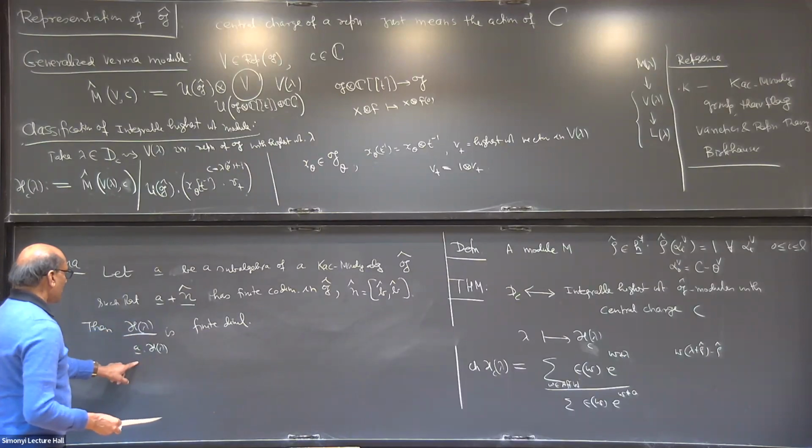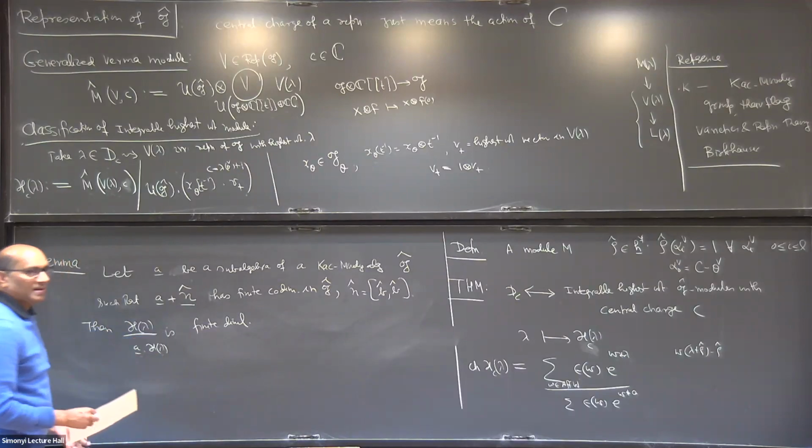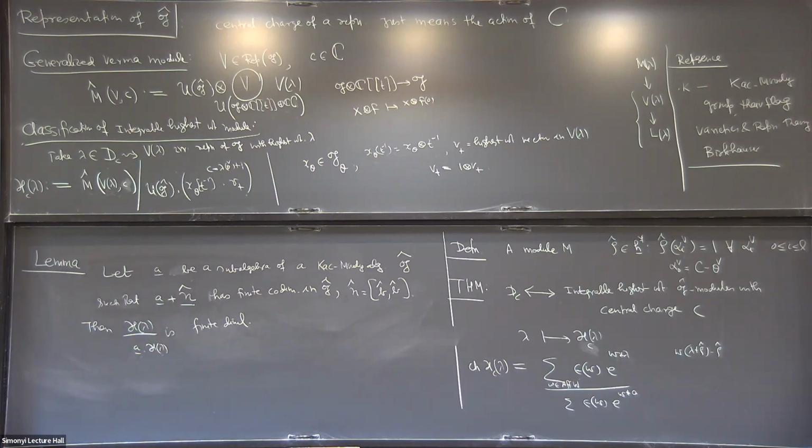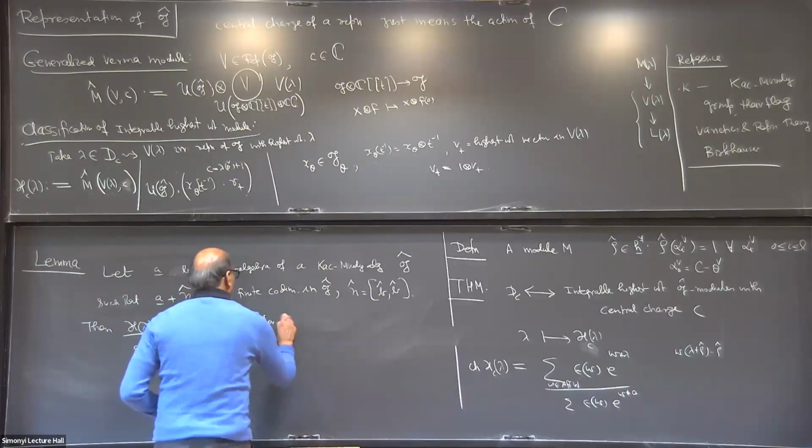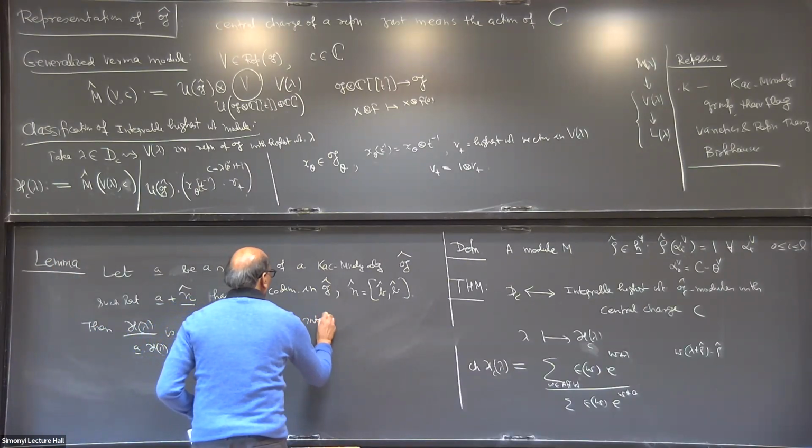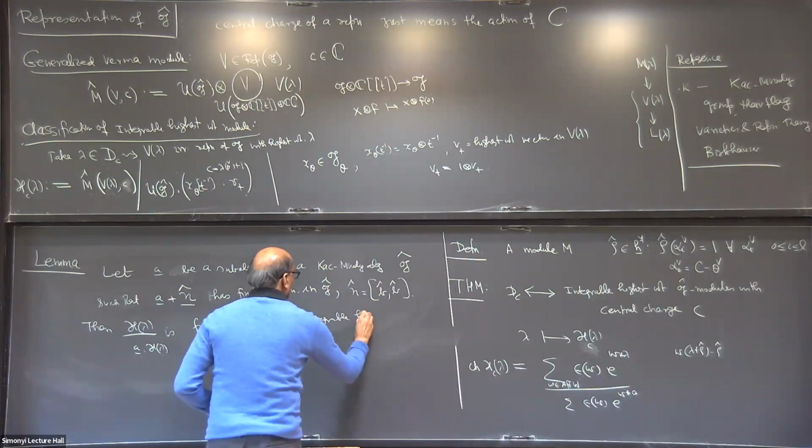Then H lambda divided by A times H lambda is finite dimensional, for any integrable highest weight module H lambda.